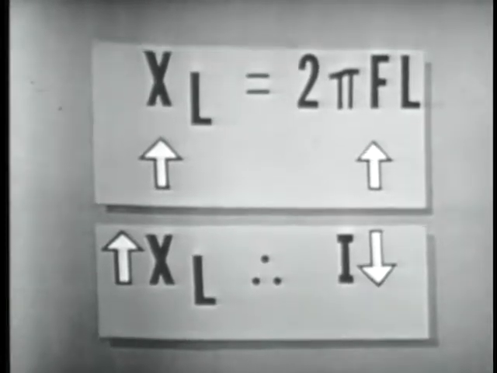Look at this. As the frequency of cutting, which is F in this formula, goes up, X sub L, the inductive reactance of the rotor, also goes up. Now, we know if the reactance of the rotor increases, then of course the current in the rotor is going to have to decrease. Right.